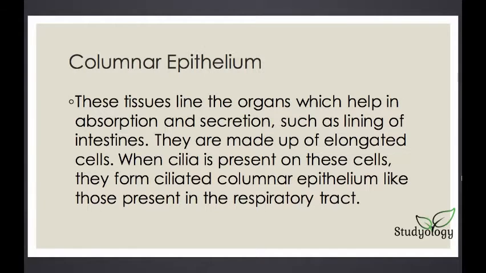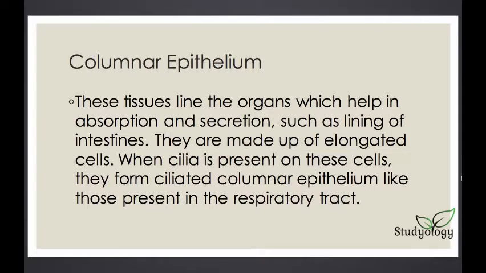Next is the columnar epithelium. Here also the name suggests the tissue is in the shape of a column, like it's stacked up, it's straight. These tissues line the organs which help in absorption and secretion, such as the lining of the intestines. They are made up of elongated cells, so they have cells that are stacked together.